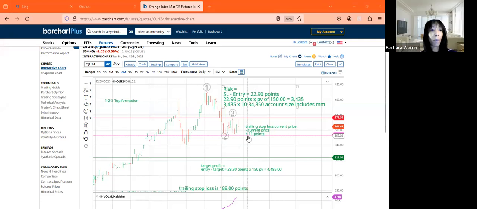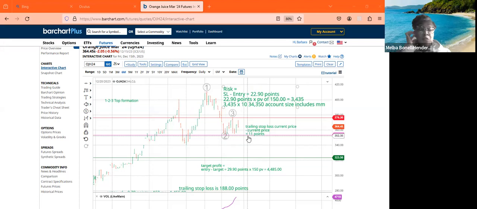You're trailing 11 points every time you move in profit. So if your trailing stop loss is 11 points, you multiply that 11 points times the 150, and $1,650 is your risk. So you're risking $1,650 to gain a profit of $4,485.